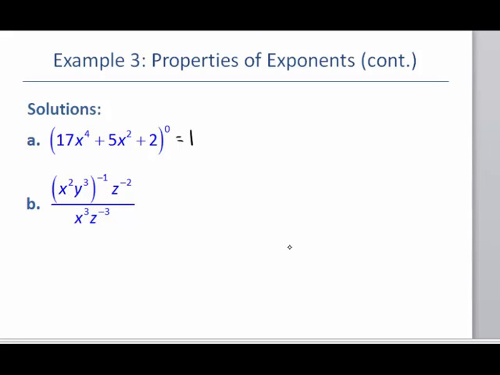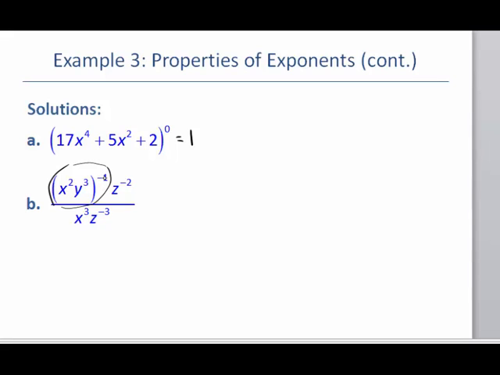All right, what about for part B? All right, so for part B, let's just look at it a little piece at a time. Let's look first at this part. So we know that when we have an exponent on the outside of the parenthesis, it applies to all the terms inside as long as they are multiplied or divided. And we apply it by using multiplication.